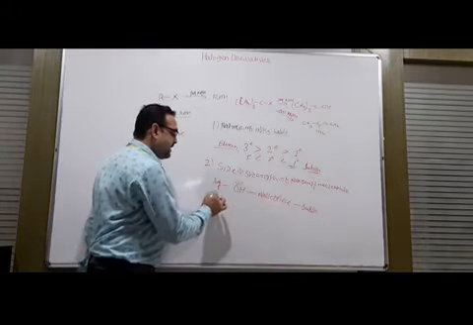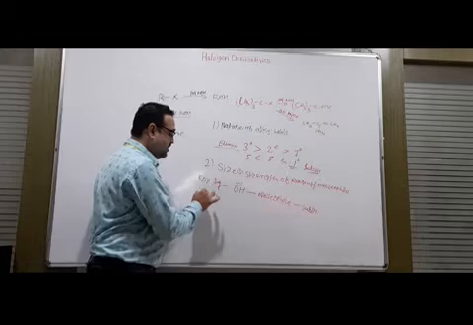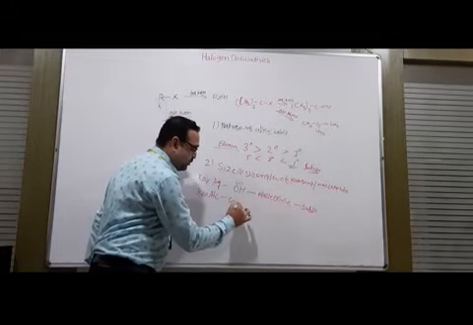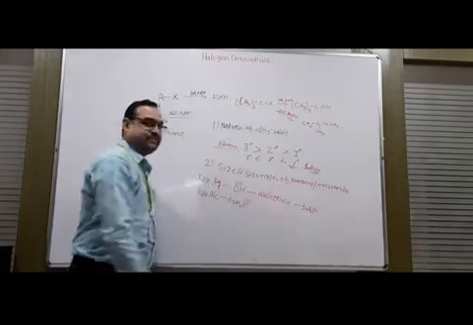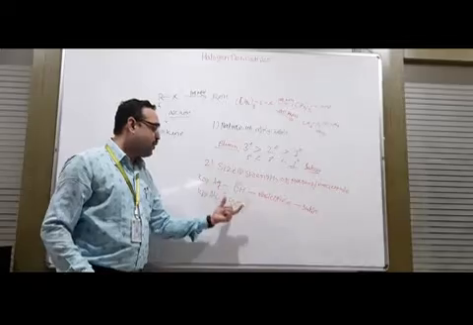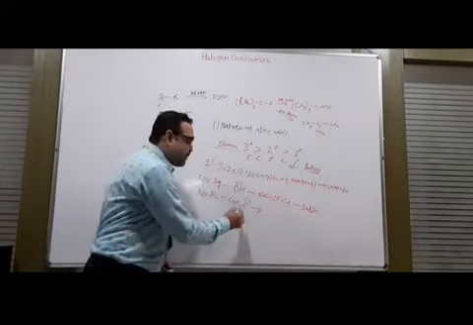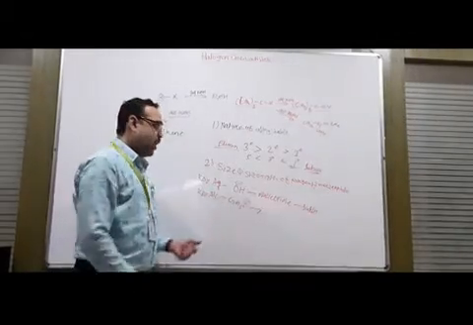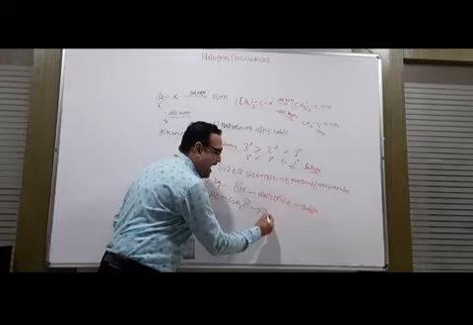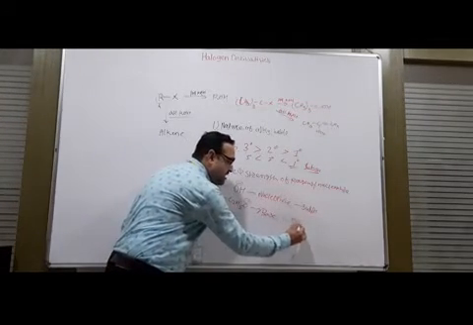Whereas in alcoholic KOH, it gets converted into C2H5O minus. Size matters, this is a more bulky group, so it removes a proton from alkyl halide, so it acts as a base in elimination reaction.